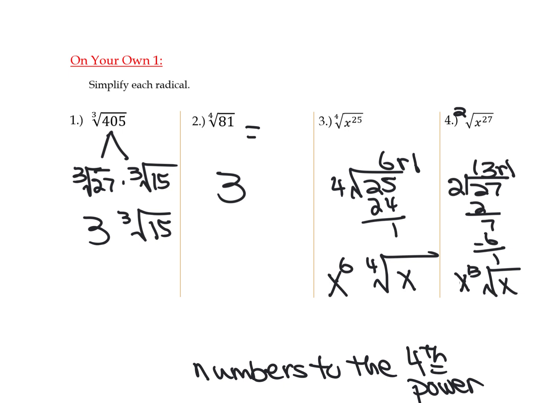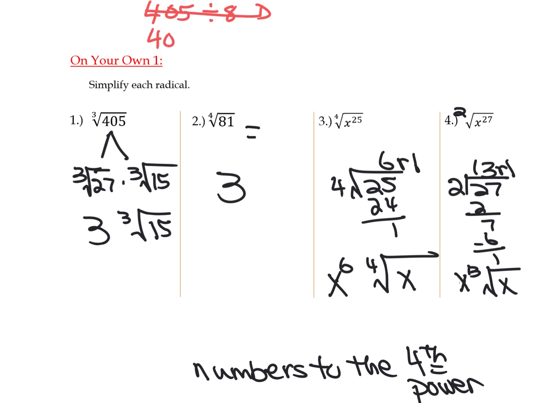All right, the first problem is the cube root of 405. I've listed some cube numbers. This is 2 cubed. We have 3 cubed, 4 cubed, 5 cubed, and so on. This one would be 6 cubed. And what I can do is take the number 405 and divide it by these factors. When I do that on Desmos, if I divide 405 by 8, I get a decimal, so I know that can't be a factor.